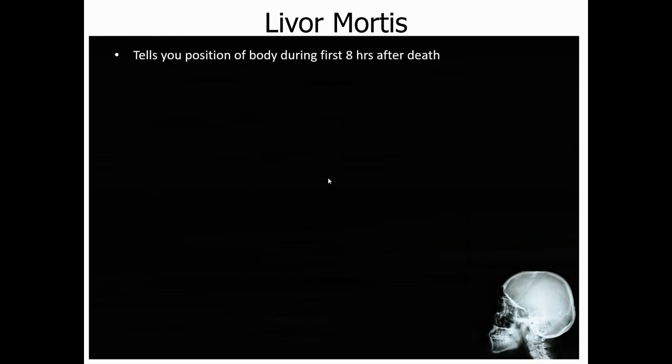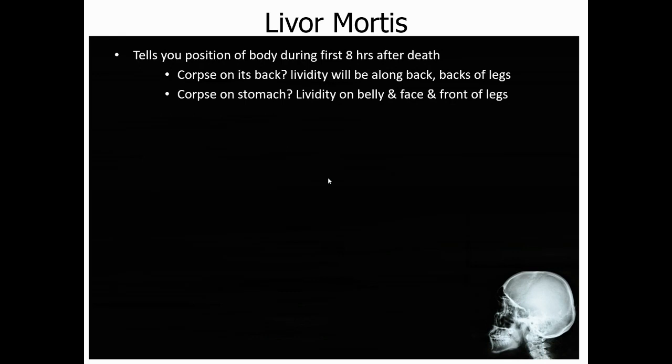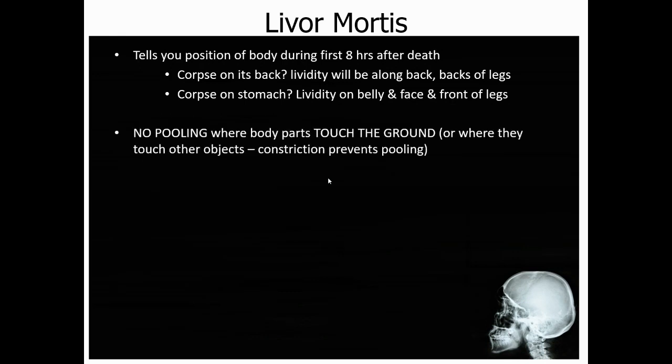All right, lividity tells you the position of the body basically during the first 8 hours after death, because after 8 hours, it is permanent and it doesn't change. So if the corpse is lying on its back and was lying on its back for those first 8 hours, the lividity will be along the back and the backs of the legs. If the corpse is lying on its stomach, the lividity will be on its belly and face and the front of the legs.